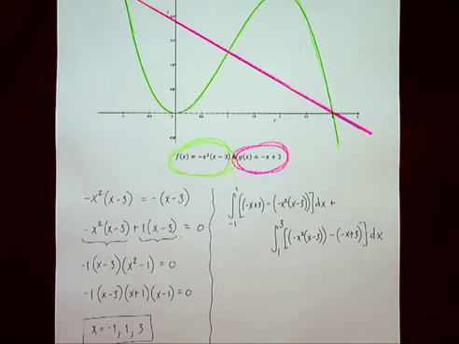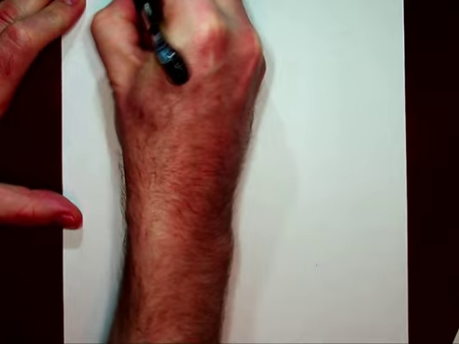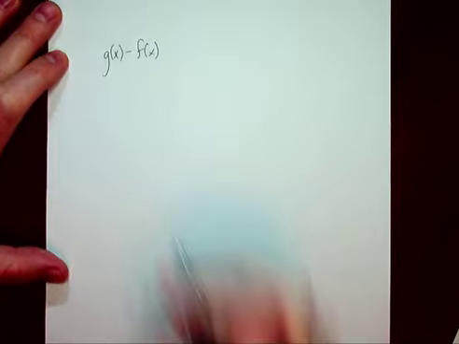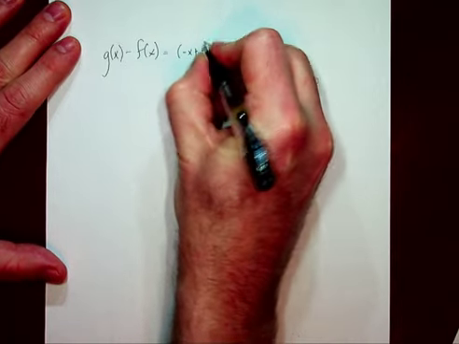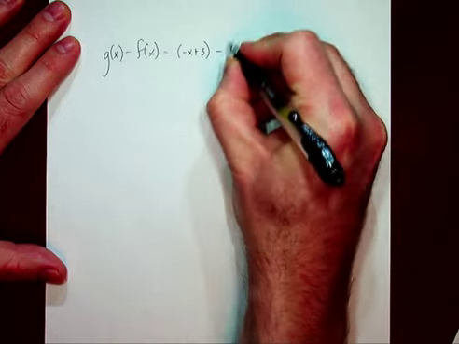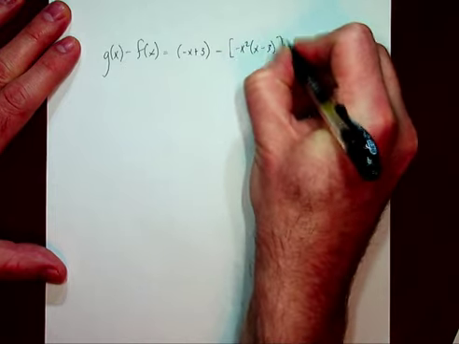Okay? Now, let's go ahead and pause for just a moment, okay? Now, if we have g of x minus f of x, that means that we have negative x plus 3 minus negative x squared times x minus 3.